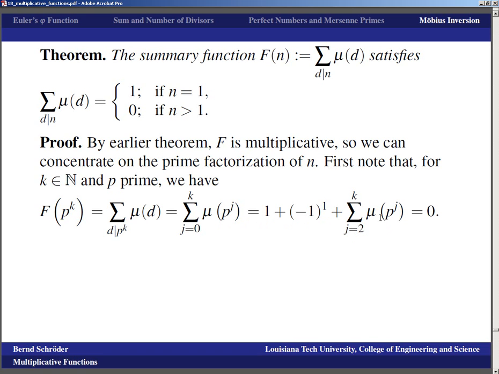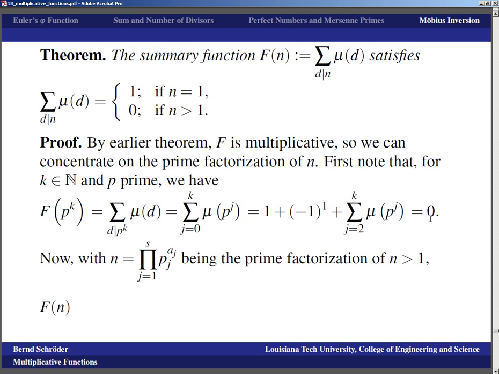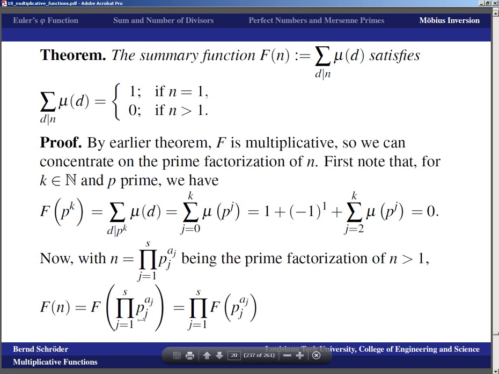Those are all 0, and 1 plus -1 is 0, so the whole thing is 0. And that means if this is the prime factorization of a number n greater than 1, then f of n is f of this product, which is the product of the f of pj to the aj, and that is equal to 0 because no matter what I do, these exponents are all non-negative integers, and we get a product of zeros.